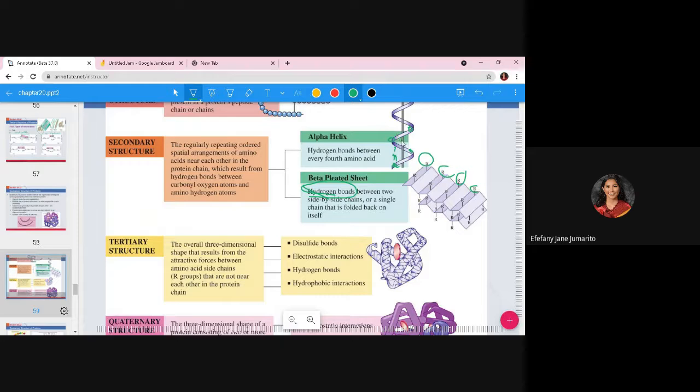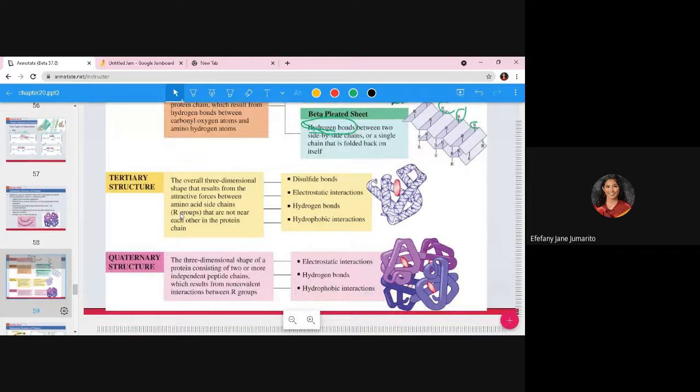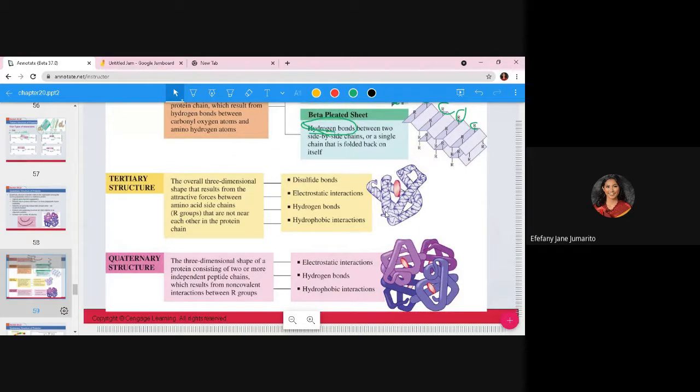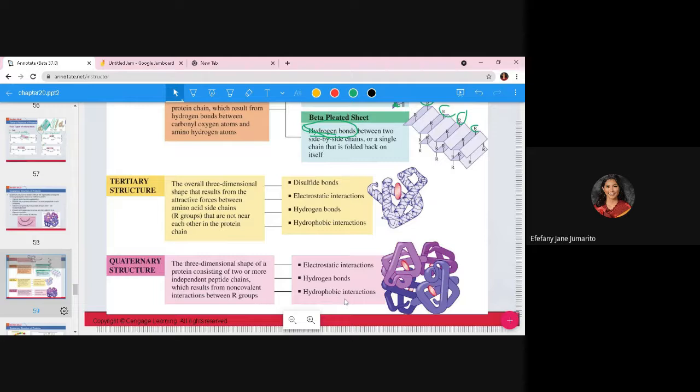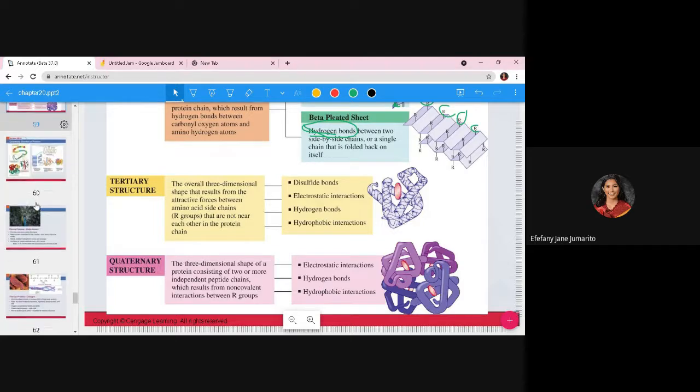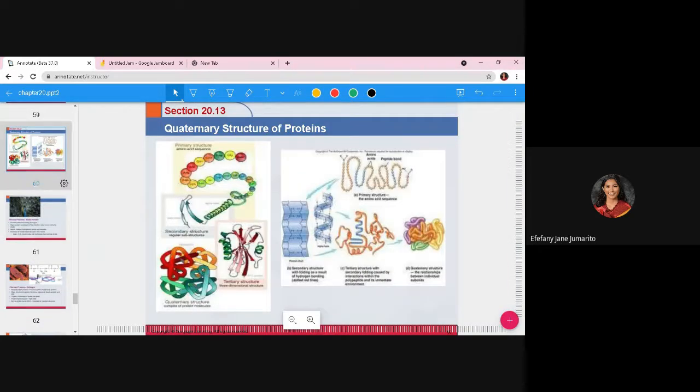Okay, because there are proteins in your nucleic acids, in your DNA. Then we also have, now in quaternary, three interactions: electrostatic, hydrogen, and hydrophobic. Okay. Now almost na.